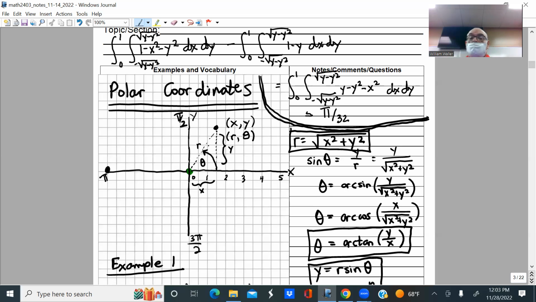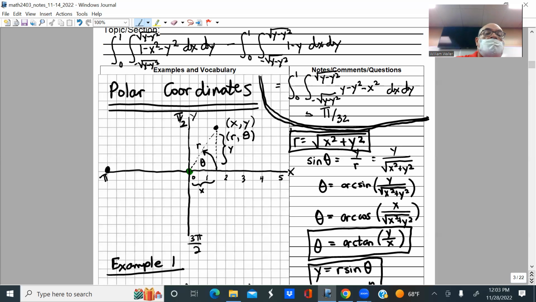But if you know the radius of a point, that is its distance away from the origin, that's not enough to completely locate the point, because of course there's a whole circle of points that are this distance away from the origin. So you need a second coordinate to completely locate the point.